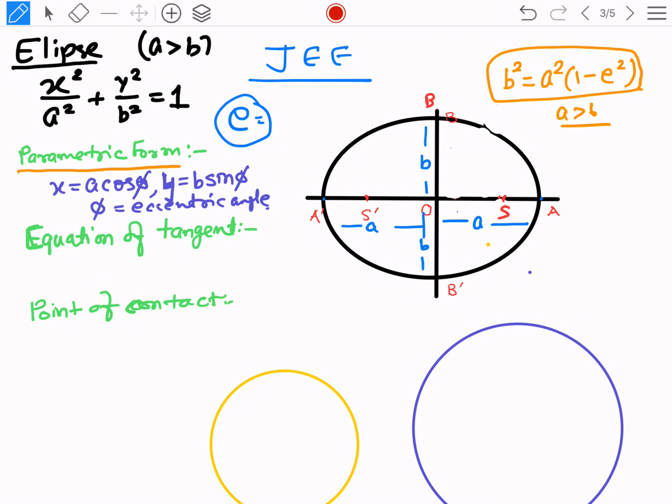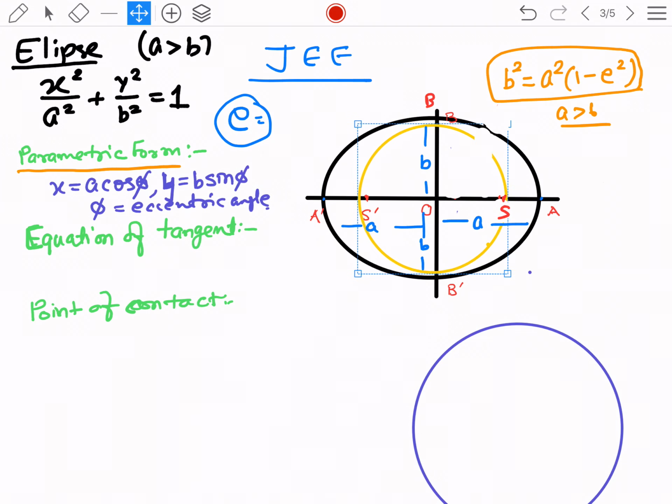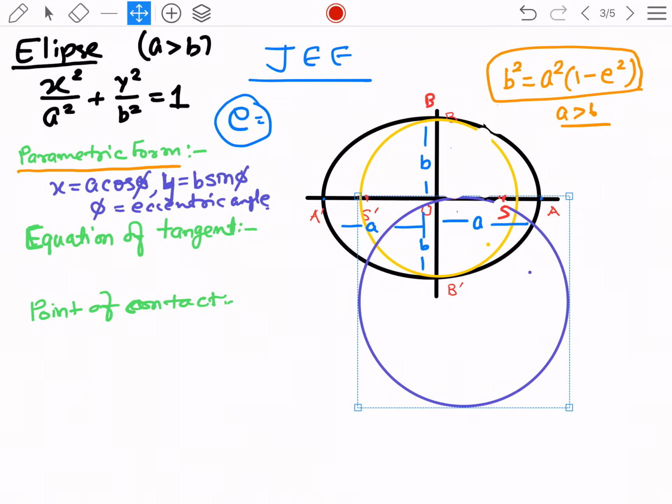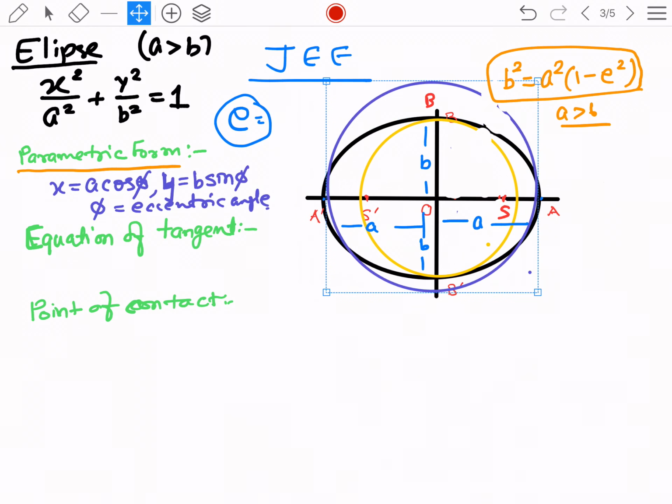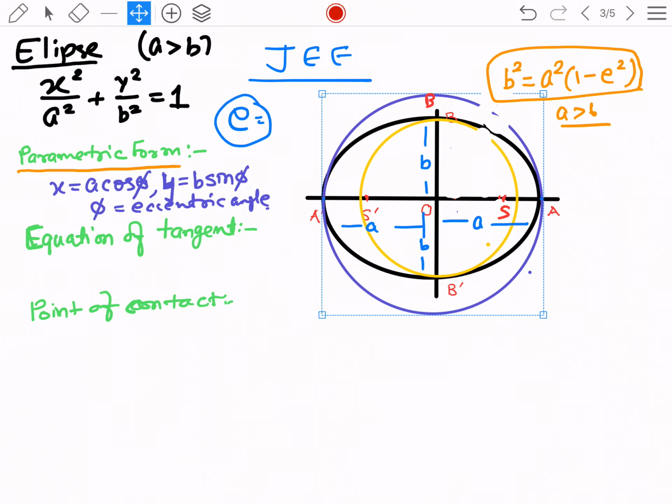Actually, if we make a circle with b as the minor, meaning 2b is the diameter, then it is a circle. And make again a circle in which 2a is the diameter of that circle, then this circle is called the auxiliary circle.